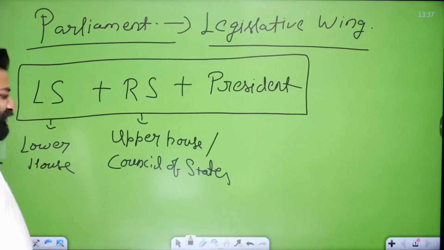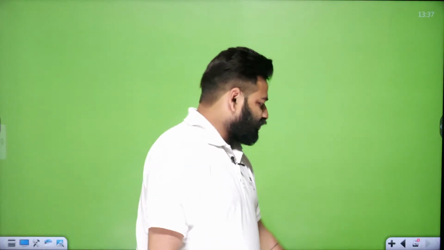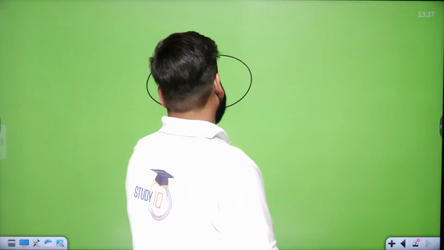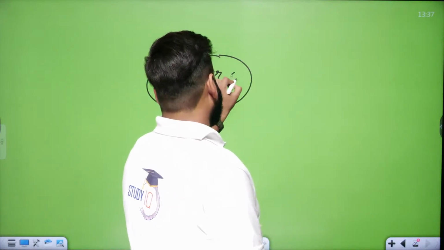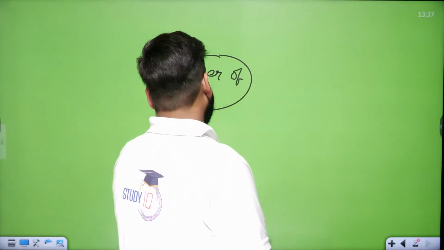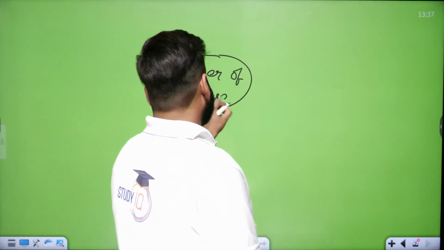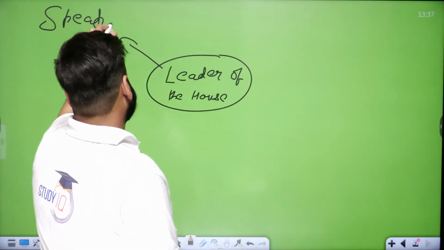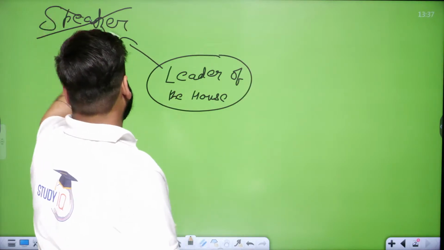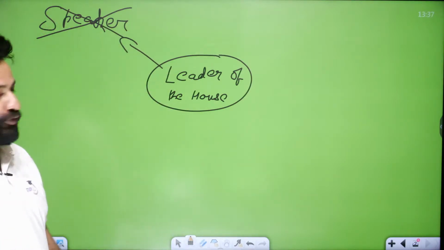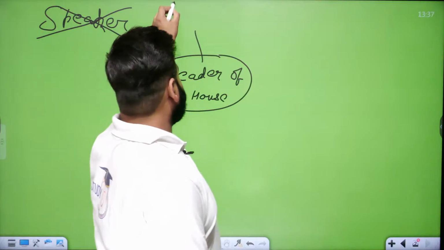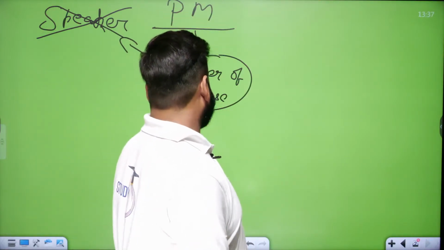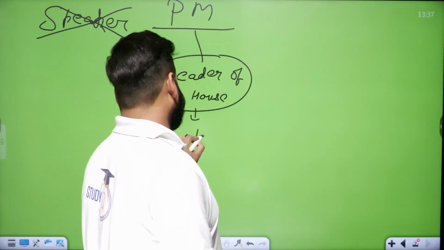Okay, so what we need to mark, when we talk about the leader of the house: is it the speaker, right? Wrong. It is not the speaker. Who is it? It is the Prime Minister, since we are dealing with the Lok Sabha.